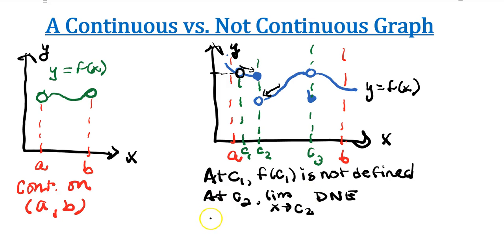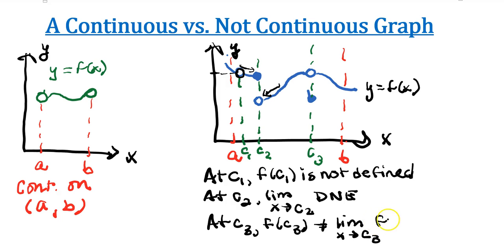At C sub 3, I would draw this conclusion, that f of C sub 3 does not equal the limit as x approaches C sub 3 of that function f of x.